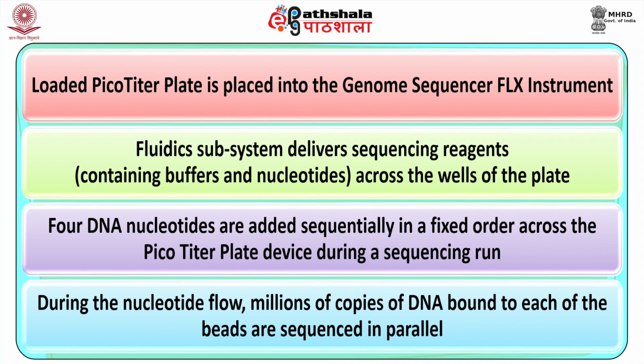During the nucleotide flow, millions of copies of DNA bound to each of the beads are sequenced in parallel. When a nucleotide complementary to the template strand is added into the well, the polymerase extends the existing DNA strand by adding nucleotides.